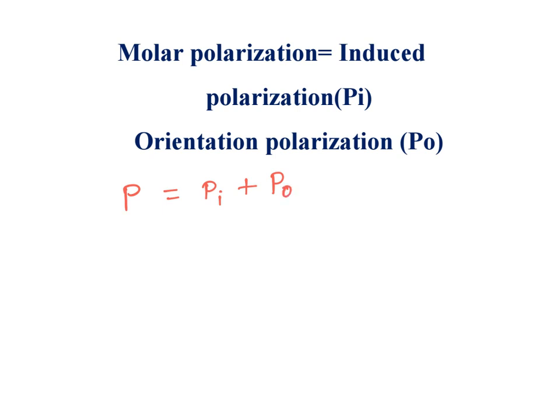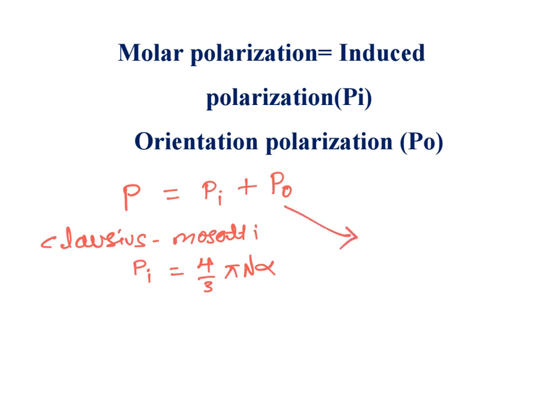And last class we discussed the induced polarization is given by the Clausius-Mossotti equation. That is induced polarization Pi equal to 4 by 3 pi n alpha. Alpha is polarizability.